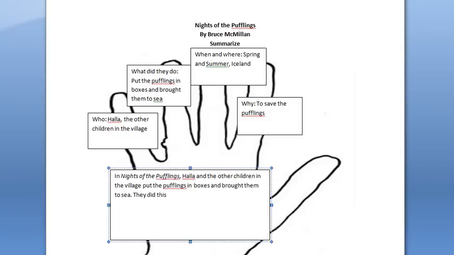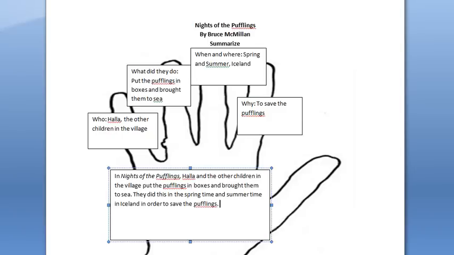They did this in the spring time and summertime in Iceland in order to save the Pufflings.